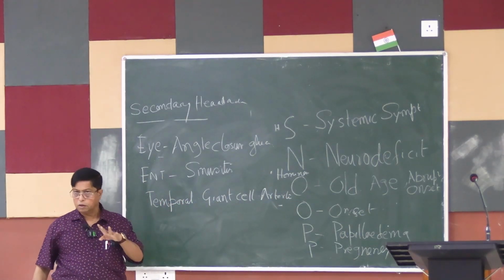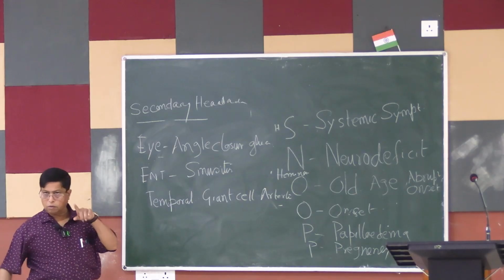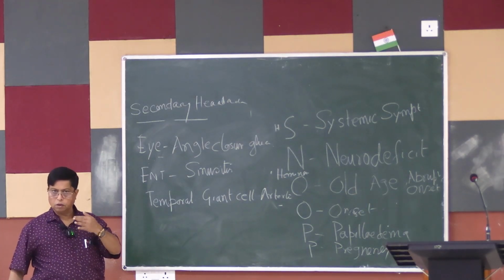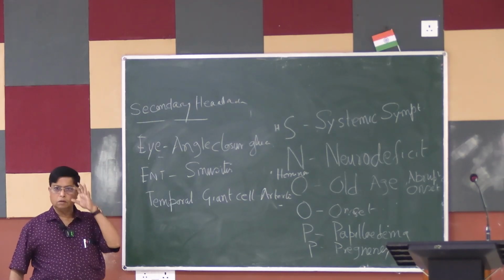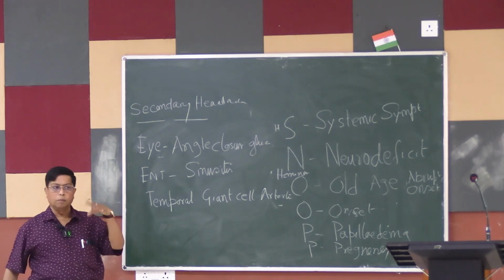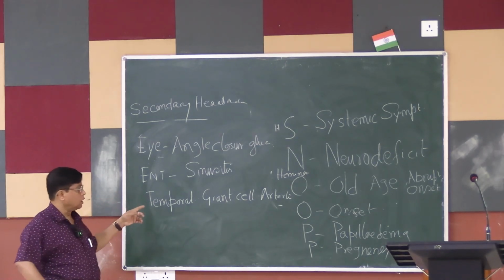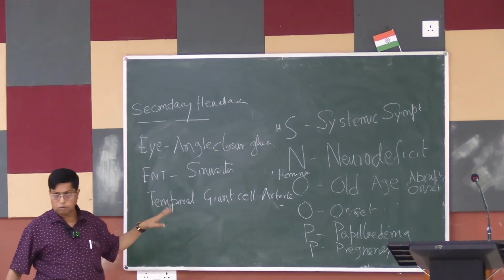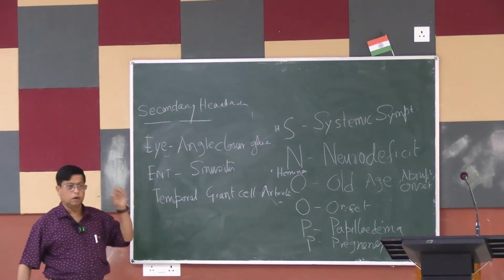It is a vasculitis affecting the temporal artery. It is an autoimmune disease. Later on, you will learn that it is ANCA positive. There are several classifications of vasculitis. This is the ANCA positive vasculitis that causes giant cell arteritis. This is called temporal arteritis. You can call it giant cell arteritis or temporal arteritis.